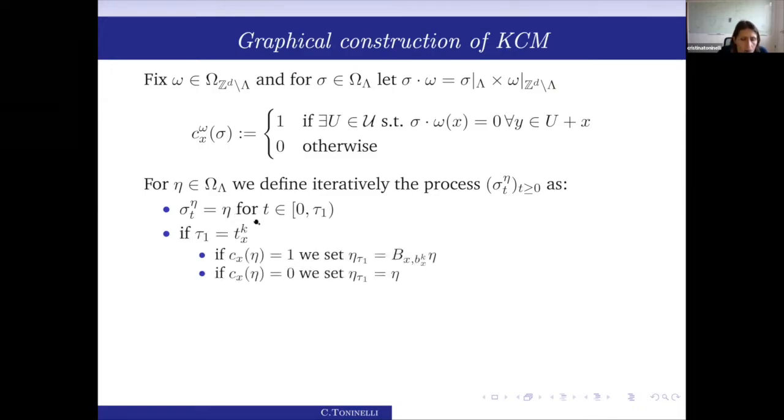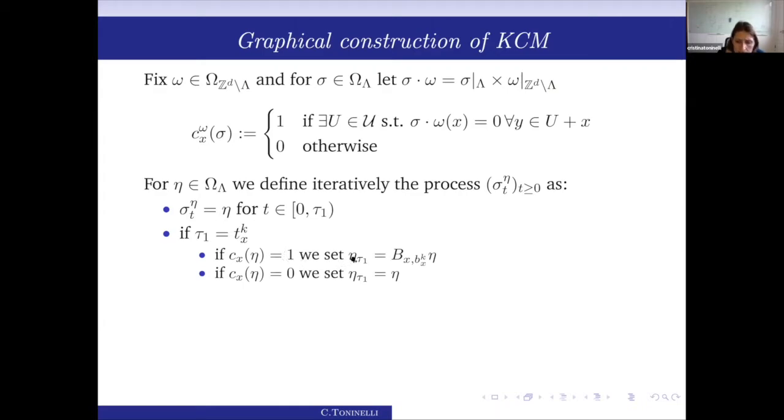At time tau1, I look at which is the site on which the clock rings, say it is site X, and k is equal to 1 here because it's the first time that it rings. The first thing that I check is whether this function is equal to 1, namely if the constraint is satisfied.